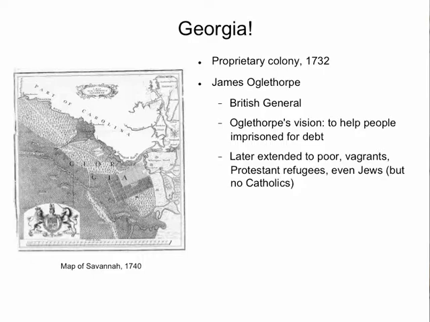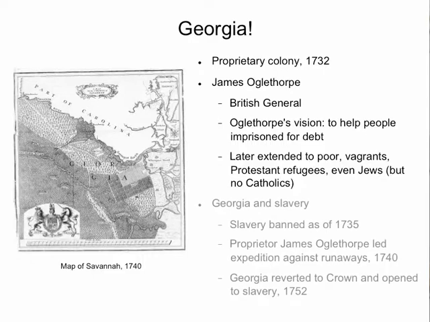But if you cited Georgia as a colony that practiced religious toleration, I would accept that, because most religious groups were allowed to come. Georgia was also very unique in that it was the only one of the British North American colonies that actually banned slavery for a period of time.